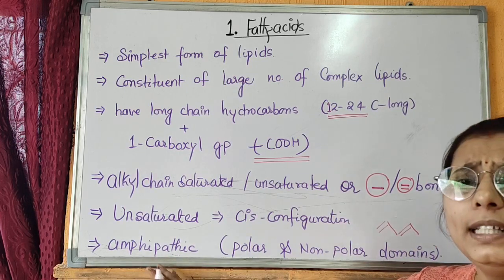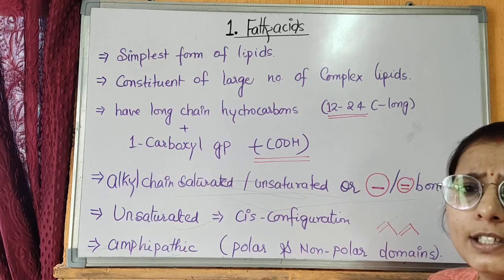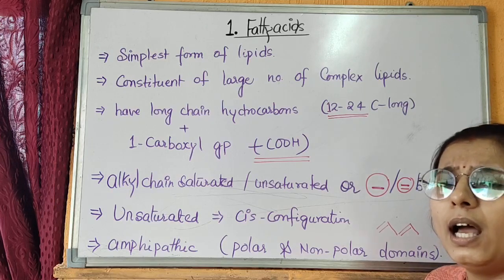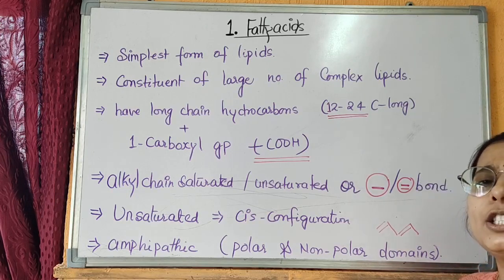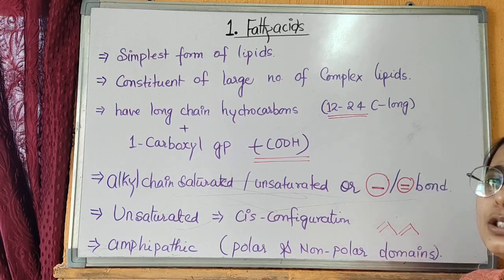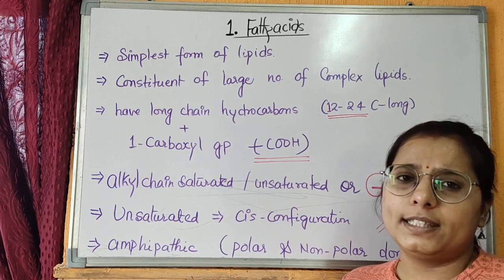Fatty acids are amphipathic in nature, meaning they have both hydrophobic and hydrophilic nature in a single molecule, and so they have polar and non-polar domains in a fatty acid molecule.